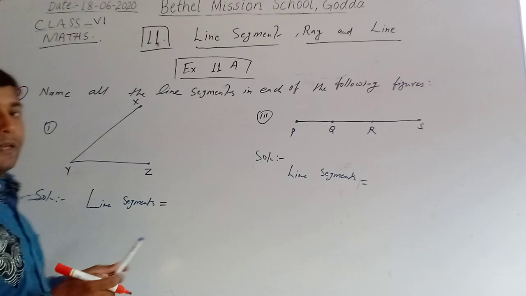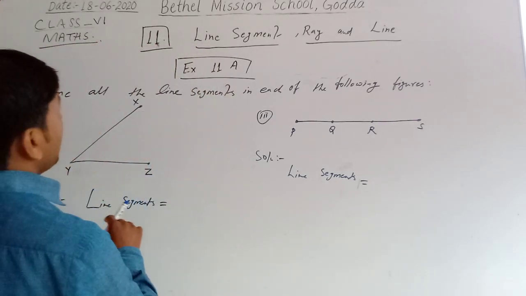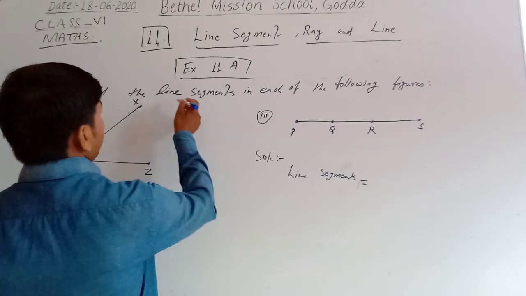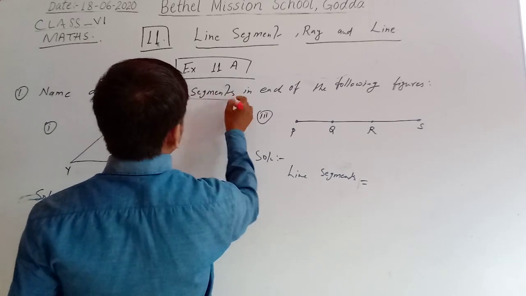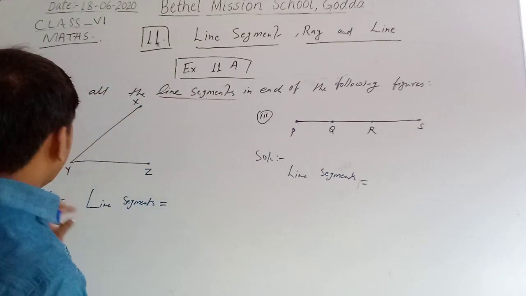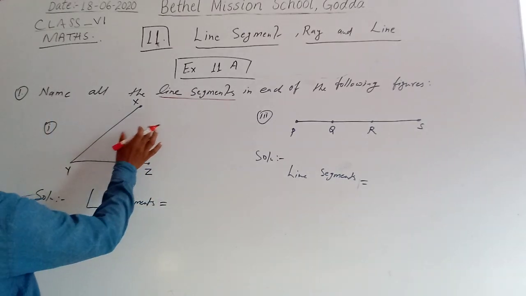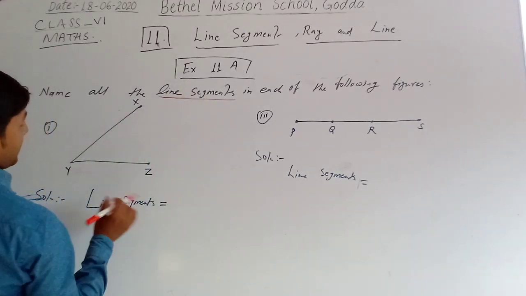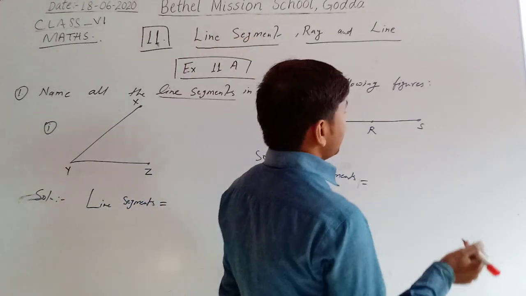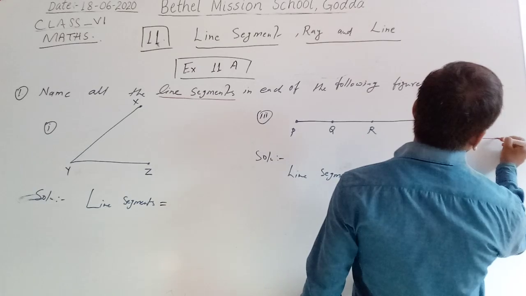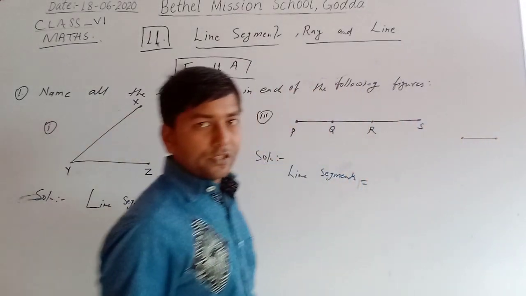Now exercise 11A says that name all the line segments in each of the following figures. Figure first says you have to write the name of all line segments. So just remind that a line segment has two end points and the symbol is like this, dot symbol.